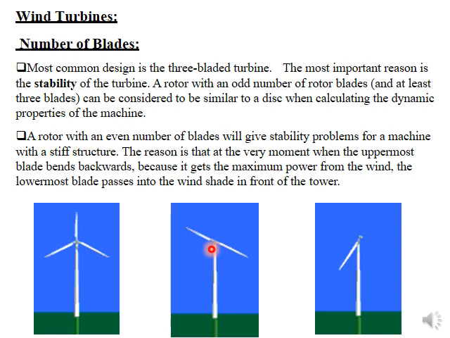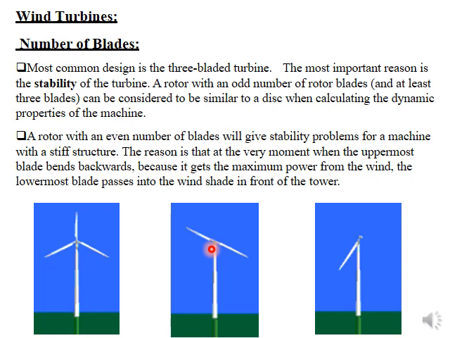That blade may be 1, 2, or 3 in number, and most of the turbines have 3 turbine blades, and it is a stability parameter which ultimately governs the stability of the turbine. Most commonly the design is of a 3 blade turbine, and the reason why we are selecting 3 blades is the stability of the turbine.